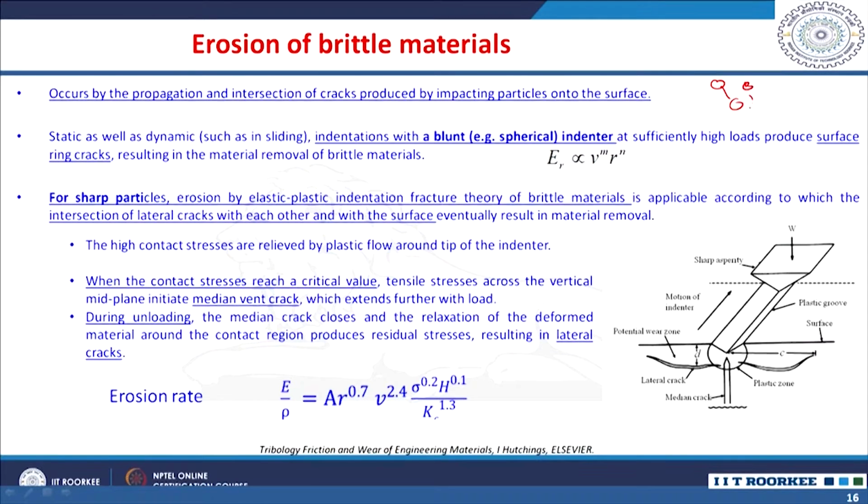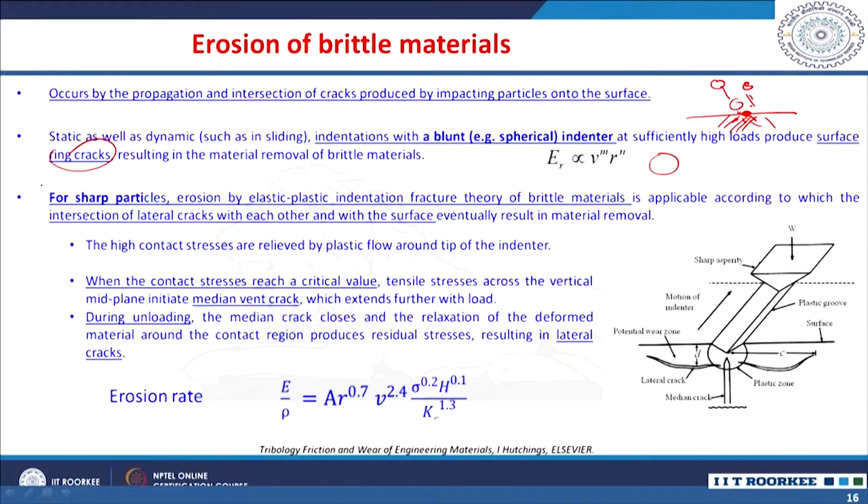You will have several particles, and they create a lot of cracks at the impact contact. So, consider static as well as dynamic indentations with a blunt indenter, for example a spherical indenter, as this particle is, at sufficiently high loads that produce surface ring cracks, right, ring cracks.